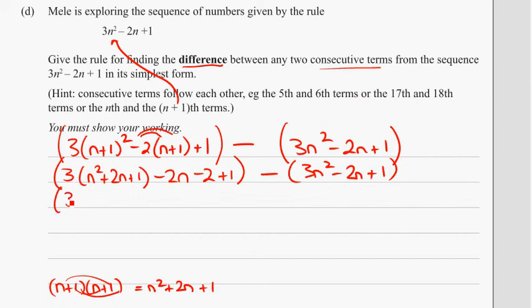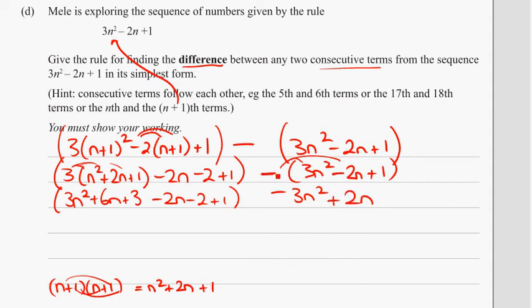Expanding with the 3, 3n squared plus 6n plus 3. We might expand the minus into it now, so we'll get minus 3n squared. Subtracting a negative, or minusing a minus, two minuses, we'll make that plus 2n, and then we'll get minus 1.